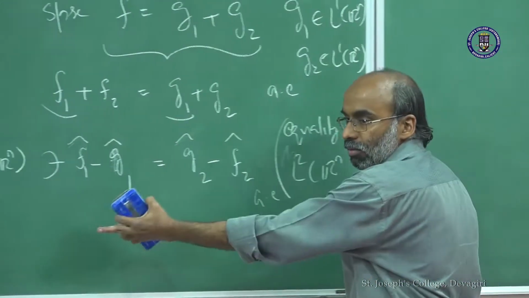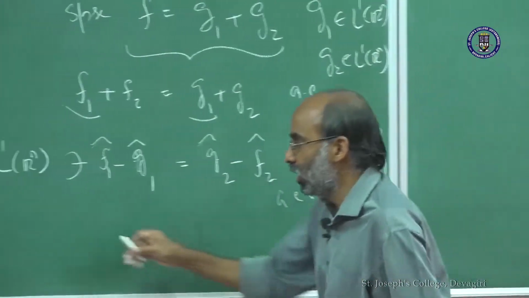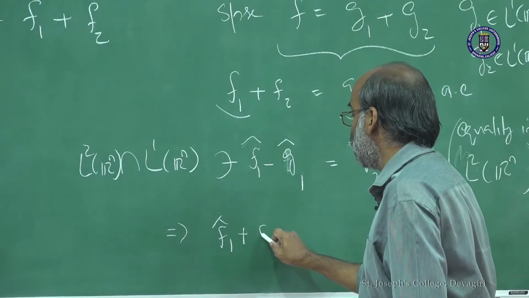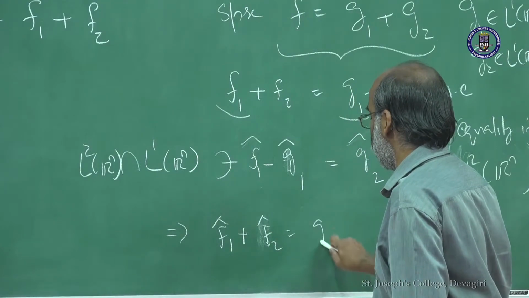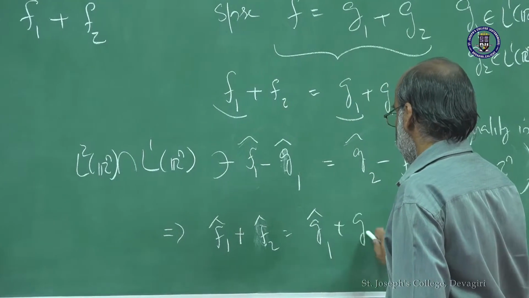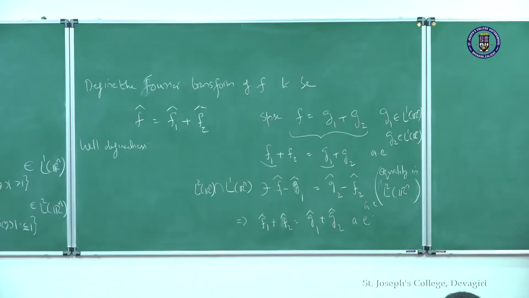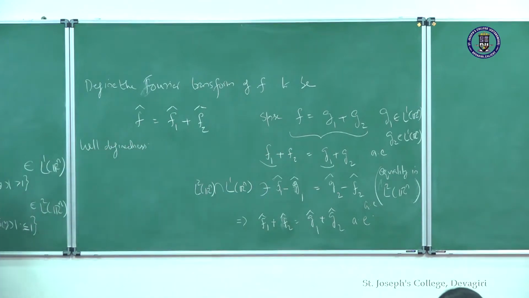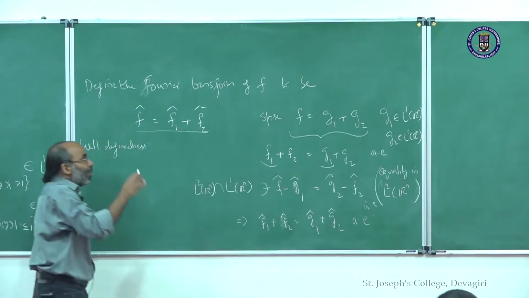Now I can bring it back, take f2 hat to the other side, g1 hat to this side. This tells me f1 hat plus f2 hat equals g1 hat plus g2 hat almost everywhere, and that is all we wanted. I started with some splitting f1 plus f2 and defined the Fourier transform to be this. I wanted to show that it is independent of the splitting.